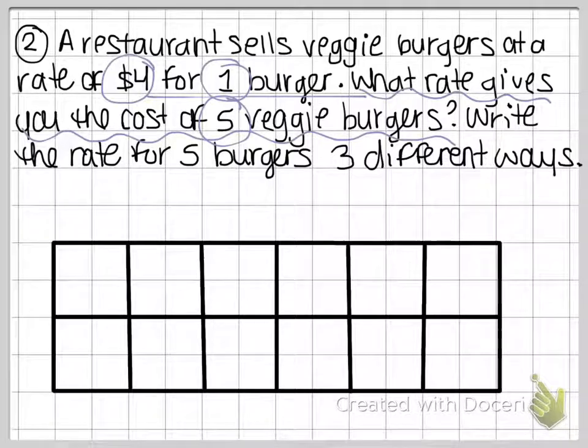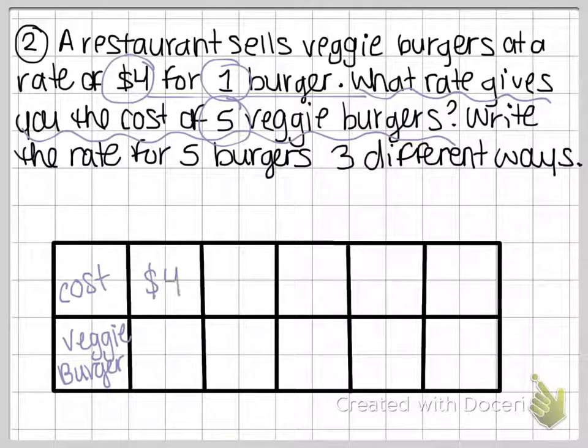I'm going to start by labeling it with cost and veggie burgers. For every $4, I can get 1 veggie burger, and this 4 to 1 is our unit rate.